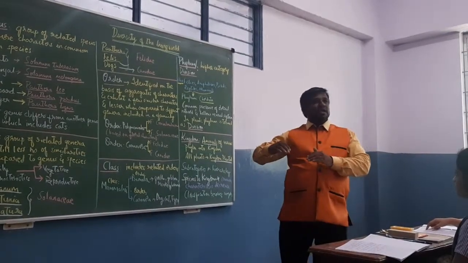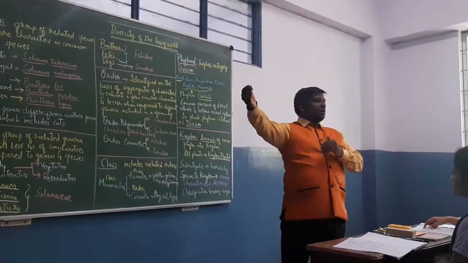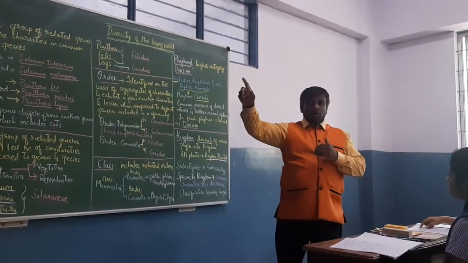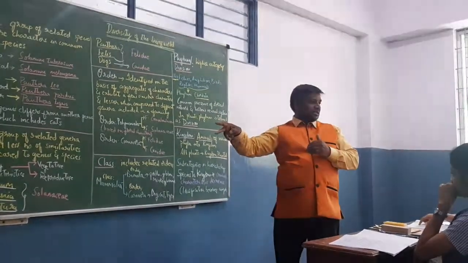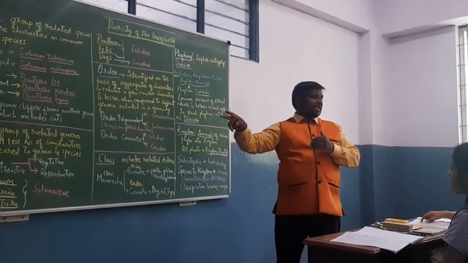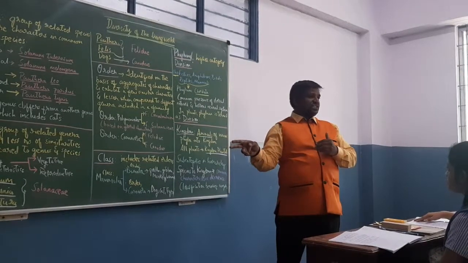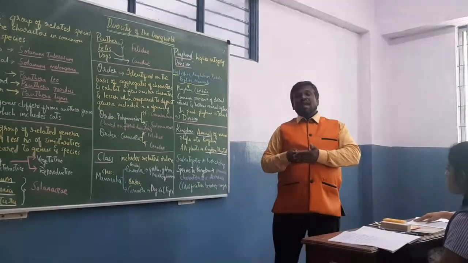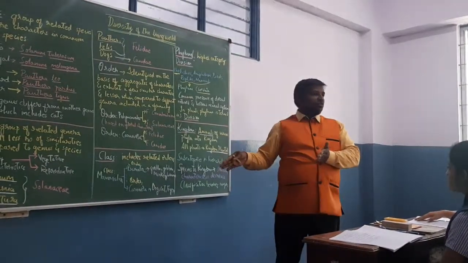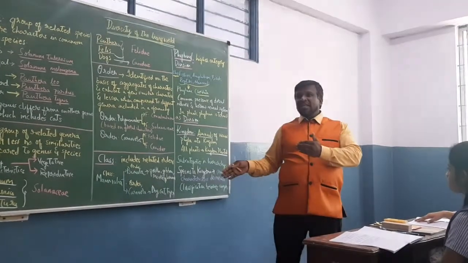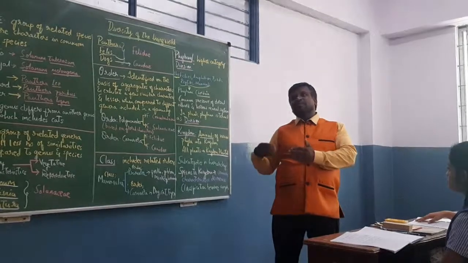This Gnathostomata is divided into class Pisces, which is again divided into the subclasses Osteichthyes and Chondrichthyes. Osteichthyes are bony fishes, Chondrichthyes are cartilaginous fishes. And here you have the remaining classes: class Amphibia, class Reptilia, class Aves or birds, and class Mammalia.